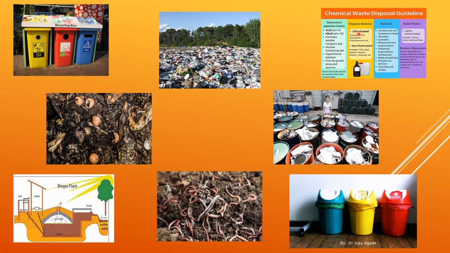Now, these are some pictures about the scientific method of solid waste management. Here there is a picture of separation of waste. Waste can be separated like this and thrown in special dustbins. The special dustbins have been made for the separation of waste.